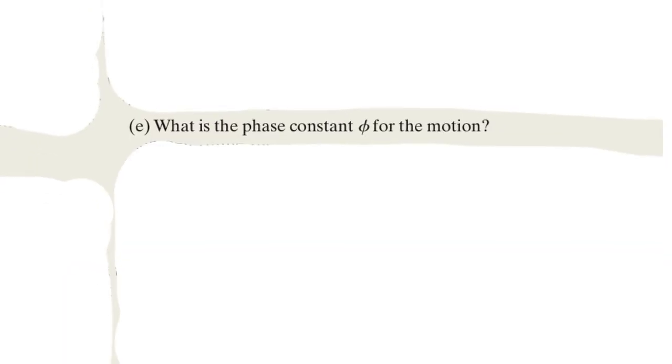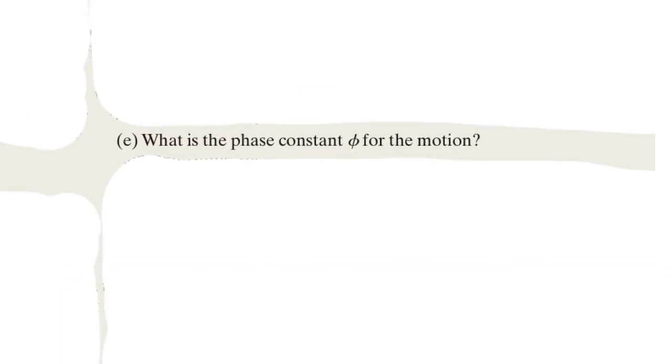Okay, question number E. What is the phase constant for the motion? So we have this x(t) equal to xm cosine(omega t plus phi). Okay, they want the phase constant.